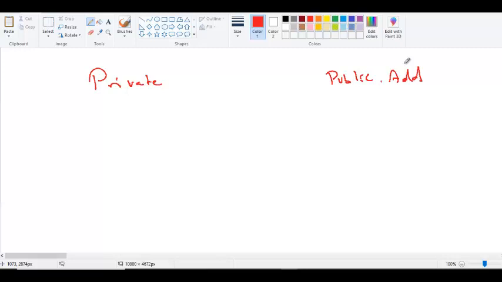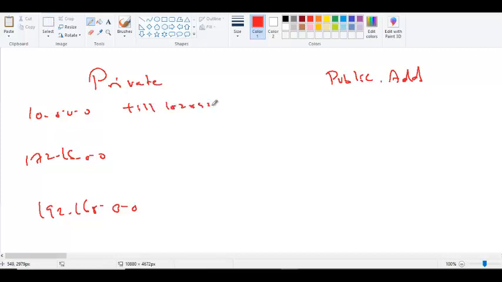For all those 1,000 computers, you will give addresses from these ranges: 10.0.0.0, 172.16.0.0, 192.168.0.0, till 10.255.255.255, till 172.31.255.255, till 192.168.255.255. So these ranges are what is called the private range.